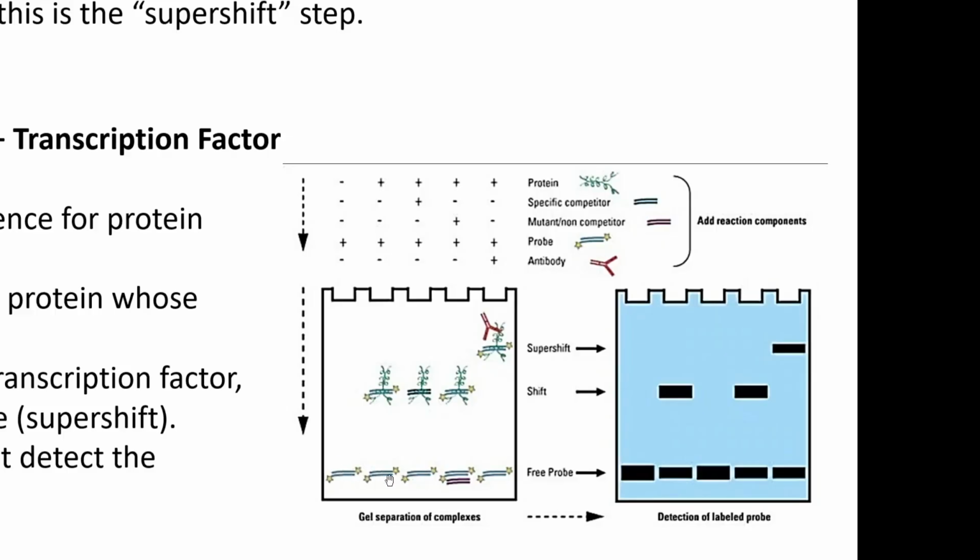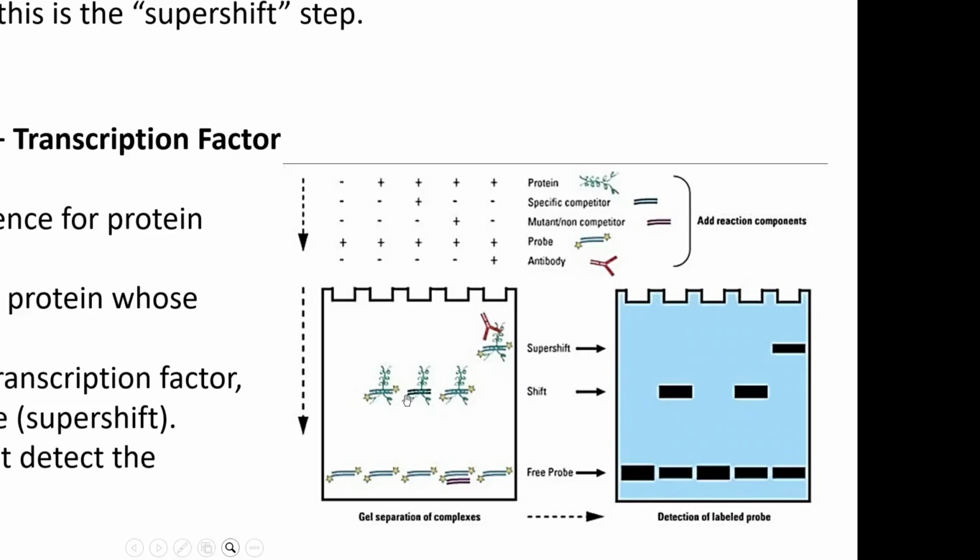This is the distance it will cover on the gel. But once it is bound, it will run much slower. So you can see your free probe is much faster than your protein and sequence complex. Then in the third lane, you have your probe, your specific competitor, and your protein.